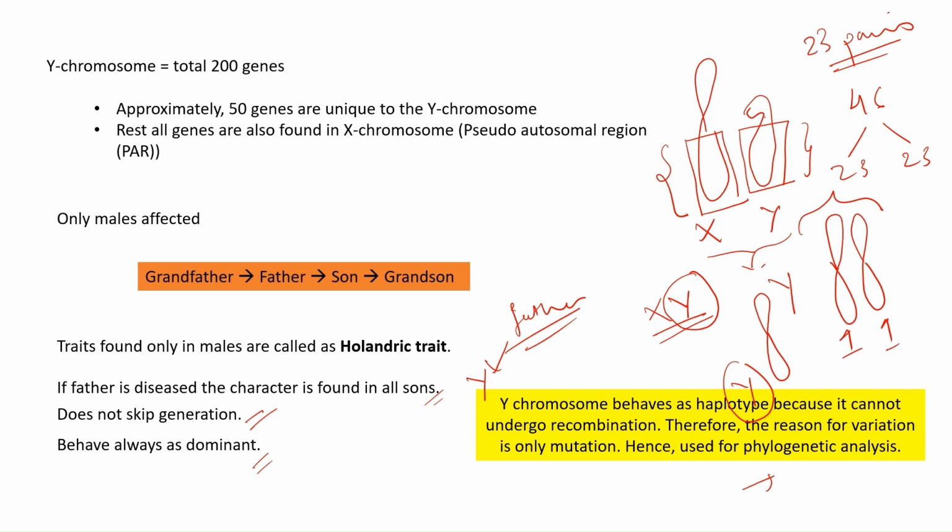There is only one copy. Therefore, the Y chromosome behaves as a haplotype and it cannot undergo recombination, because for recombination we need a homologous partner. So therefore, it is used for phylogenetic analysis.